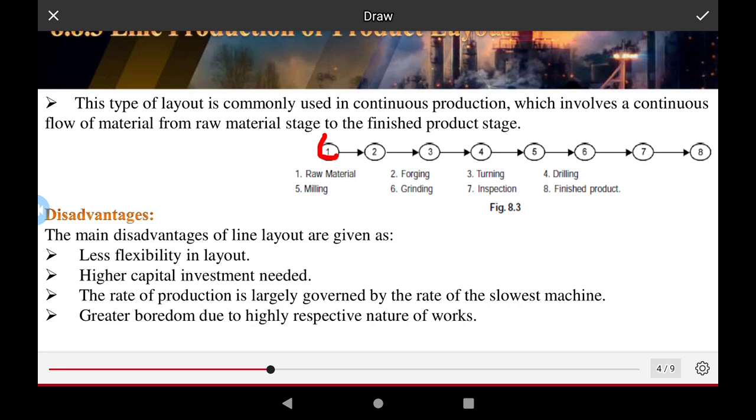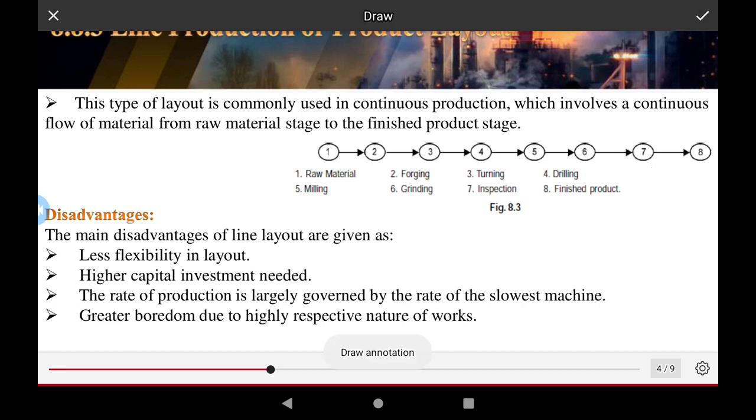Third is turning of the job, fourth is drilling, fifth is milling, and sixth is grinding of the product. Seventh is inspection of the body and testing. Last, the finished product is checked and completed.